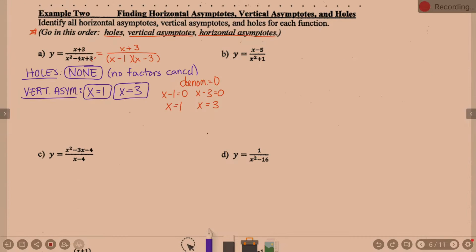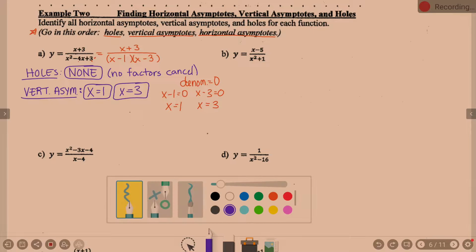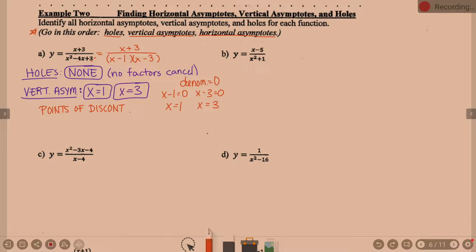Yes, we have vertical asymptotes, don't we? So are there points of discontinuity? Yes, there are. And where are these points of discontinuity at? At 1 and 3.